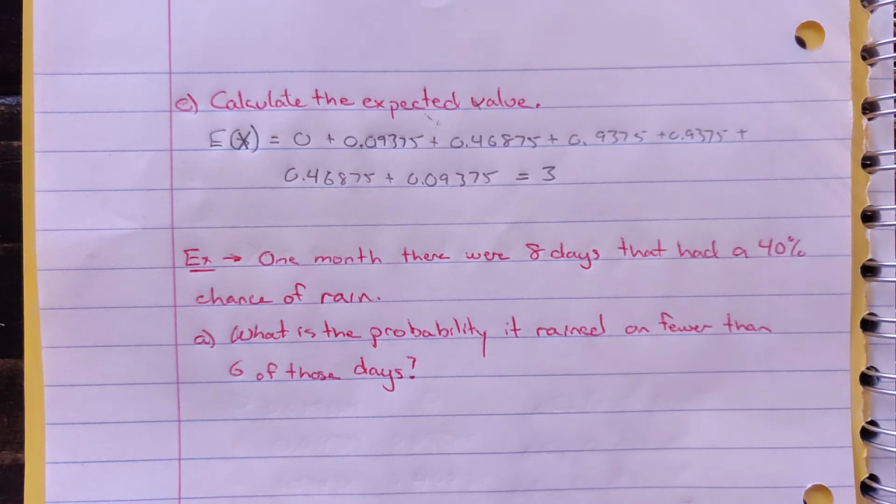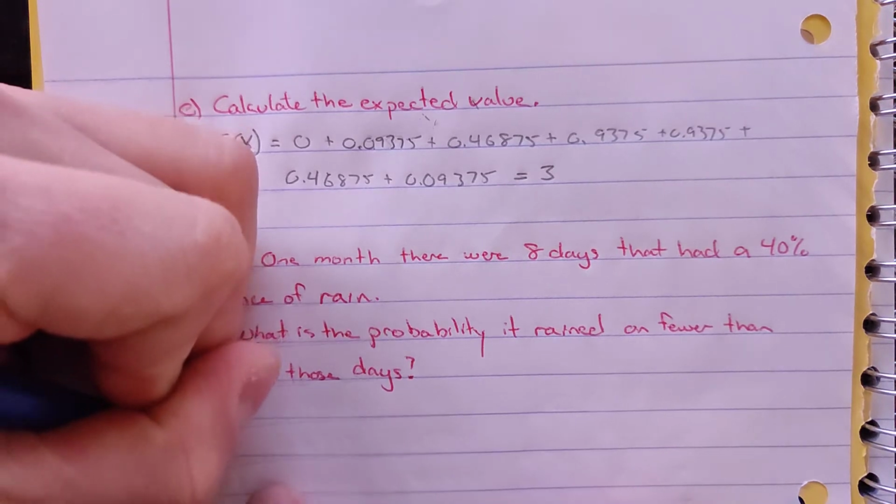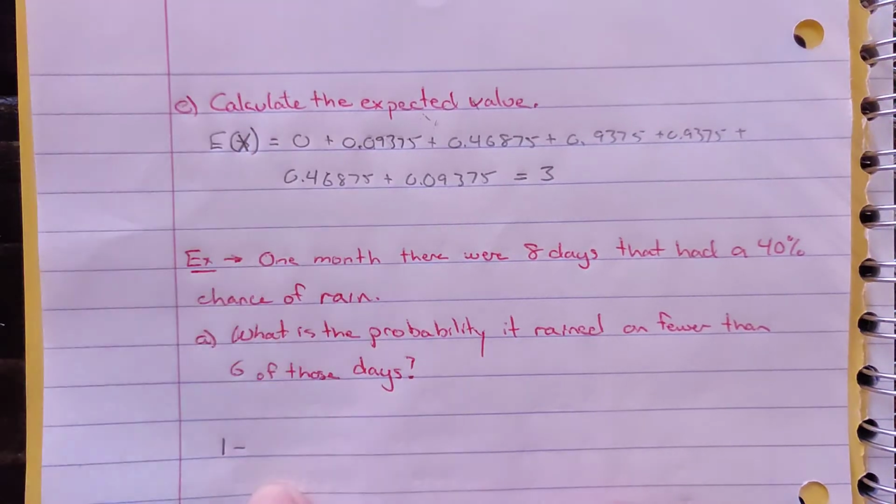Or we can look at it in terms of 1 minus the failures. So what's the chance that 1 minus the chance that it rained on 6 days, 7 days, and 8 days, which would only be 3 cases. So we're going to do the indirect method here. Both ways work. The indirect method is just a little shorter.